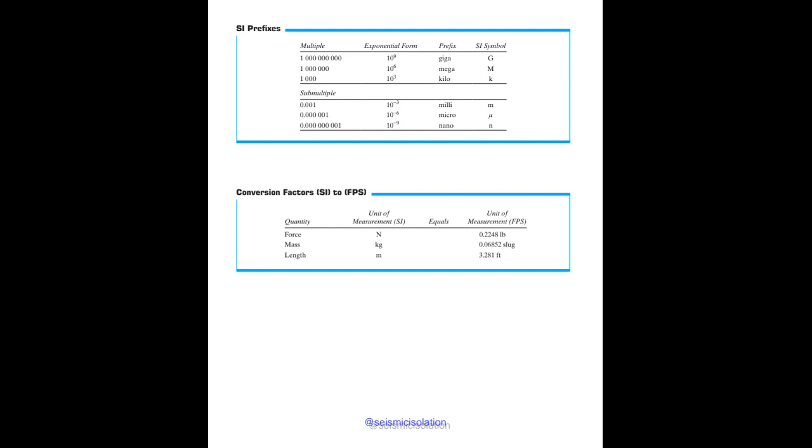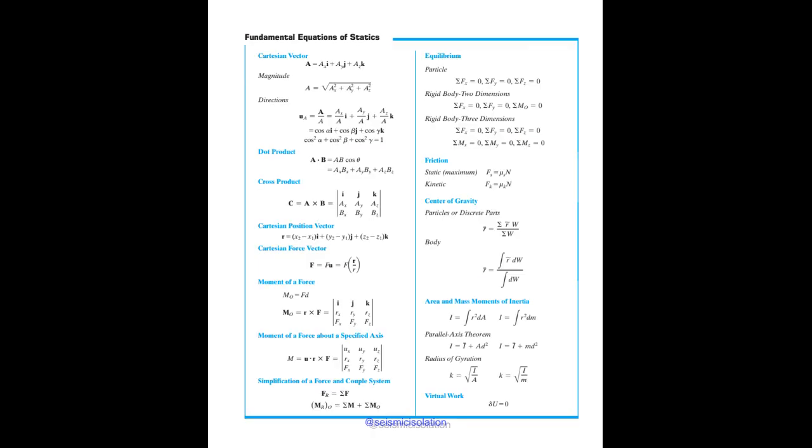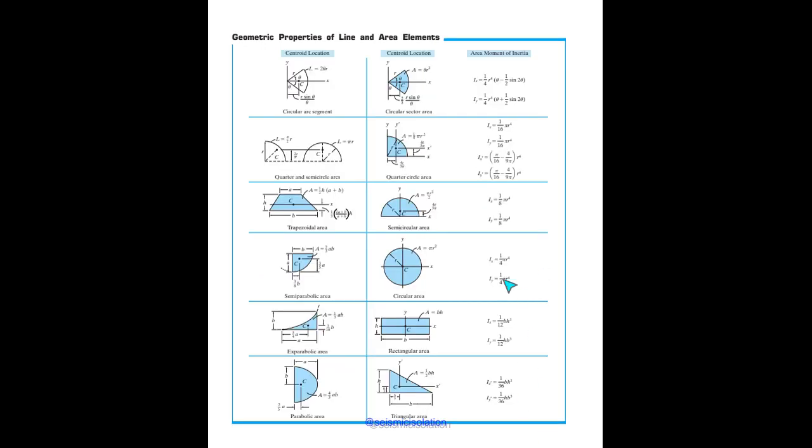You will find some conversion tables in the book, and also a formula sheet. We may use some formulas in your homework or exam, and this formula sheet is allowed in your exam. If you know those formulas, we will use them later.